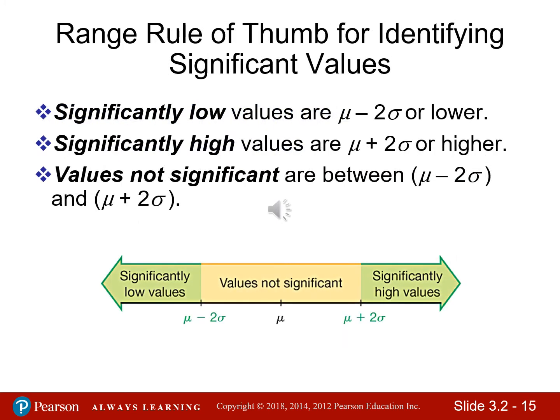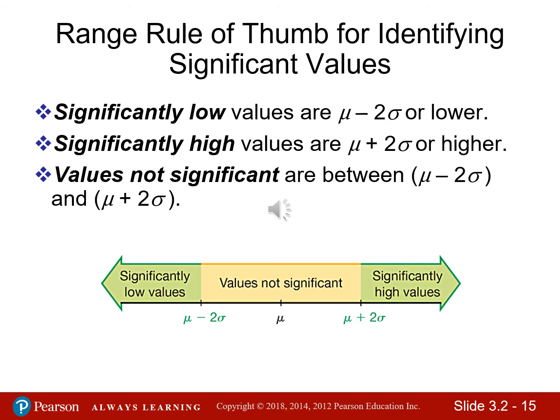The concept of significance as shown here will be presented in greater detail in later chapters, specifically when we learn about the topic of hypothesis tests. Hypothesis tests are also known as tests of significance. The following rule of thumb is based on the population mean mu and the population standard deviation sigma.